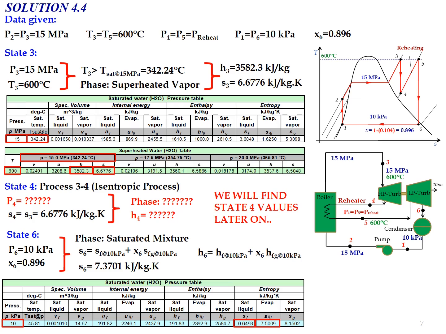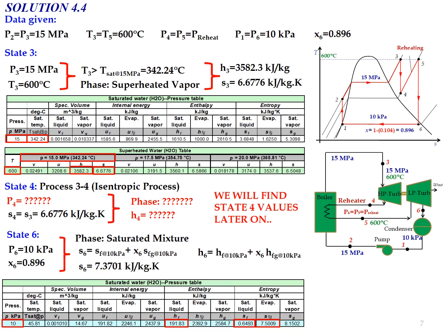Okay, similarly for the enthalpy for state number 6, we need to use the equation H6 equal to HF at 10 kilopascal plus X6 multiplied by HFG at 10 kilopascal. The values of HF and also HFG at 10 kilopascal we can determine from the saturated water table.